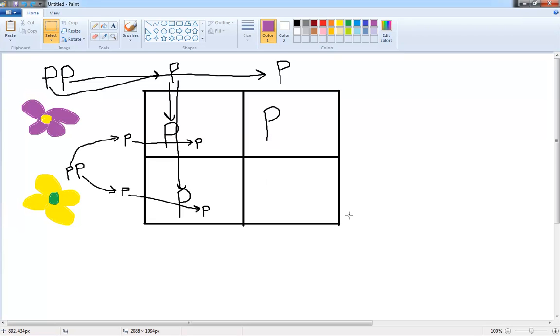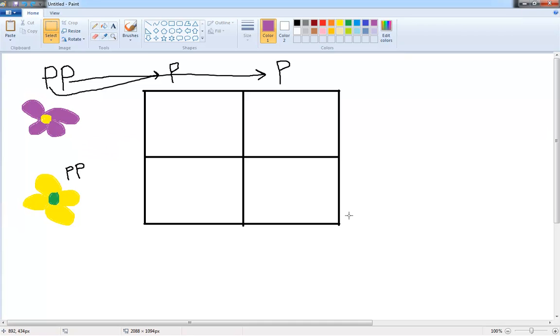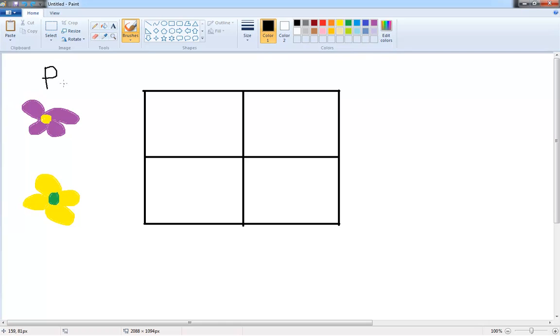Alright, so now let's back up. Let's do one more just for fun. Let's say that this one is actually a heterozygous. So even though it's purple, it has one recessive allele. And then this one's still yellow, so it has this recessive allele.